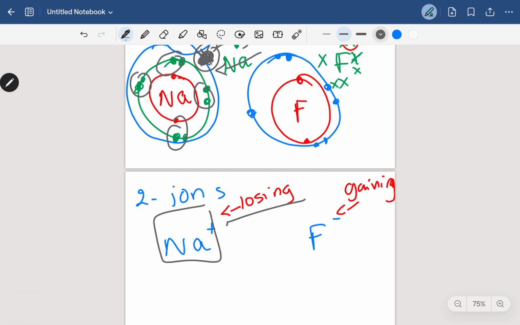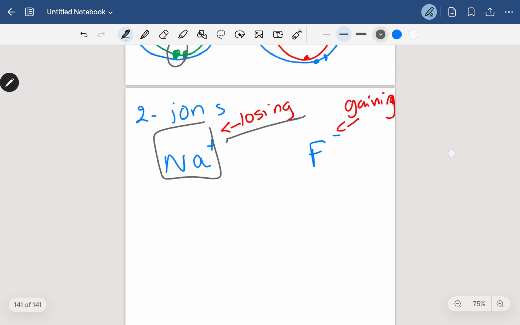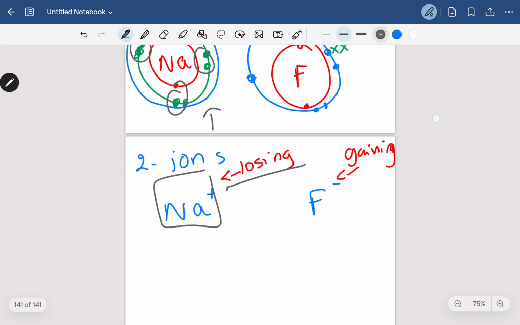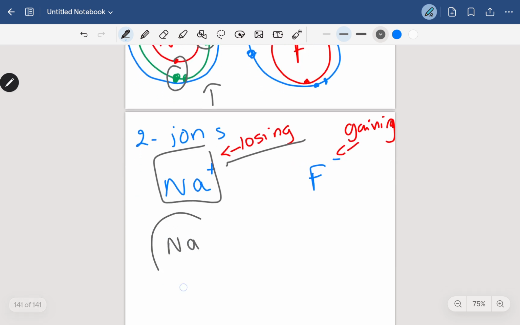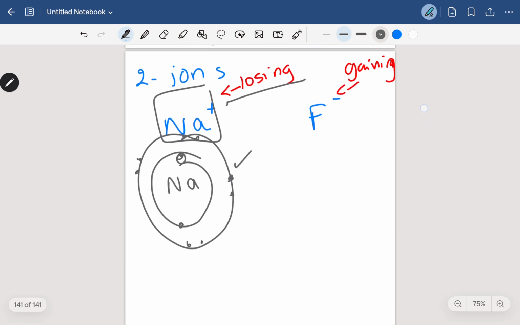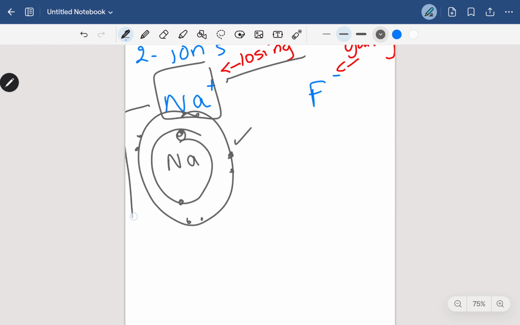configuration of noble gases. If we want to denote it, we can denote it like this, but without the last valence shell, so Na, 1, 2, then another one, 1, 2, 3, 4, 5, 6, 7, 8. This is how we represent it. But we have to put a bracket with the charge, so Na plus.